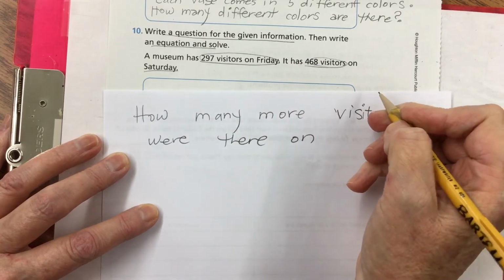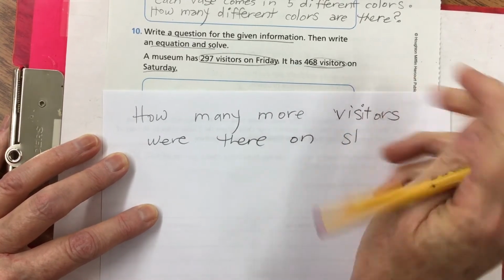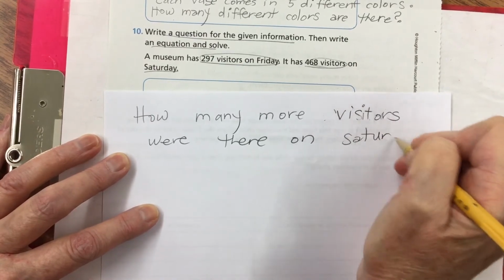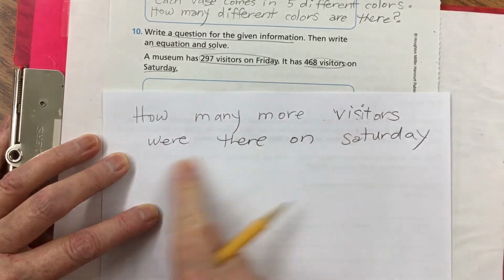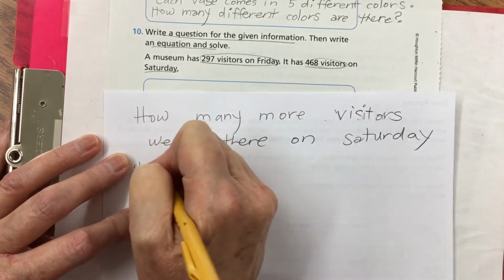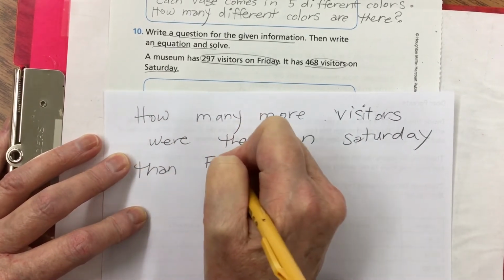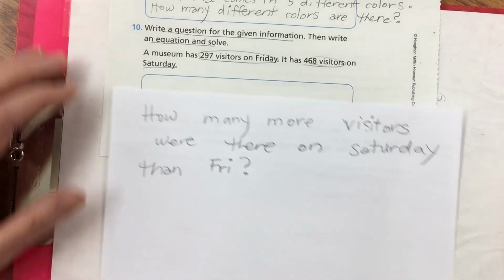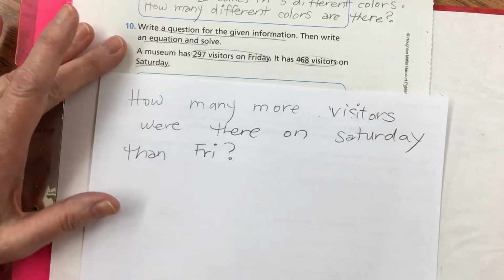Saturday is always a busier day because people aren't working and they're with their families. How many more visitors were there on Saturday than Friday? And I'm abbreviating. I'm trying to hurry because I know you're sitting here waiting for the punchline.